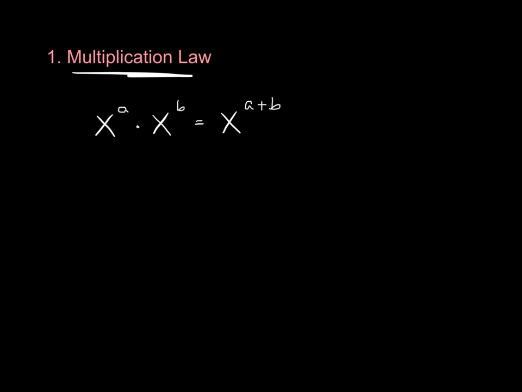To illustrate this, if we had x squared times x cubed, x squared we know is x times x, x cubed we know is x times x times x, and notice we've got a product of 5 x's, which is equal to x to the 5th, and 2 plus 3 is equal to 5.